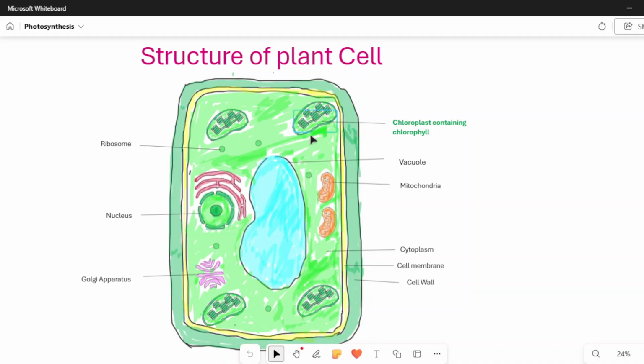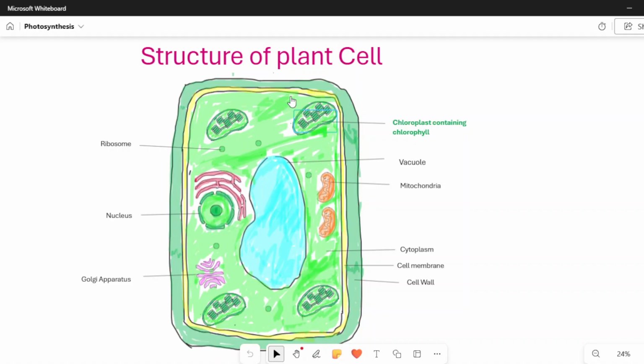Organelles are nothing but small tiny organ kind of structures which are present inside the cell for doing certain functions. Now, this organelle called chloroplast is the one which does the photosynthesis. This is the part which contains chlorophyll and gives that green color to the leaf.